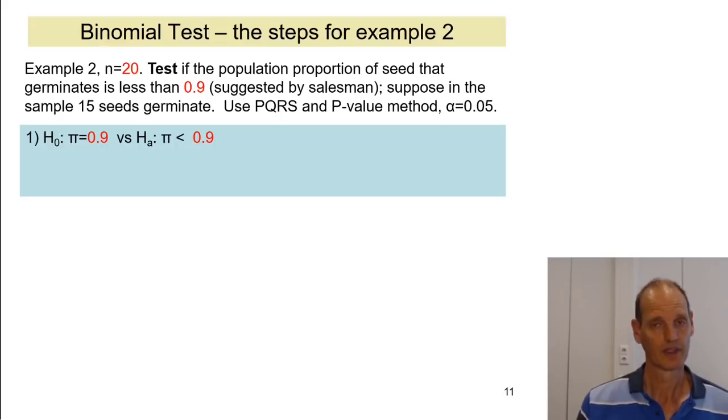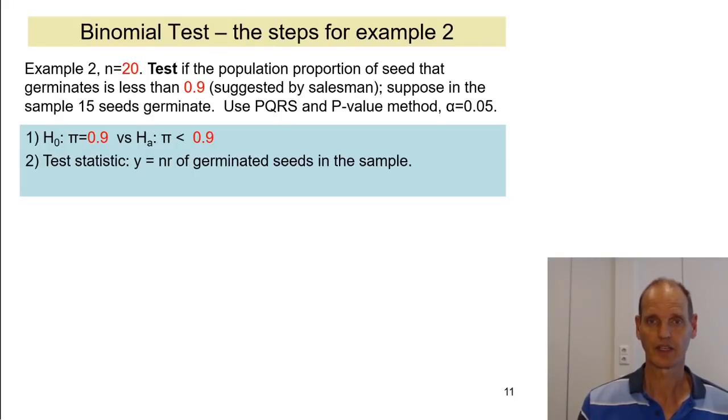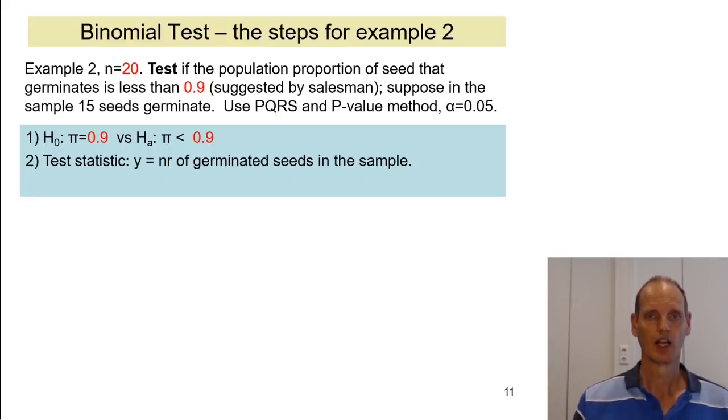Step 2 gives the test statistic, and we have seen that we can use as a test statistic y, the number of germinated seeds in the sample. Now, this also makes sense. This is what you would intuitively do. Look at how many seeds germinate. If 100% would germinate, you would say, well, pi will definitely not be less than 0.9.